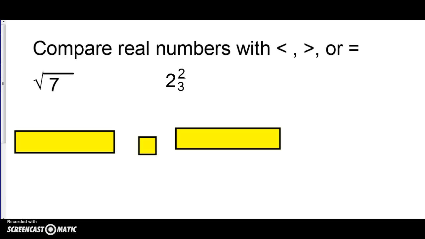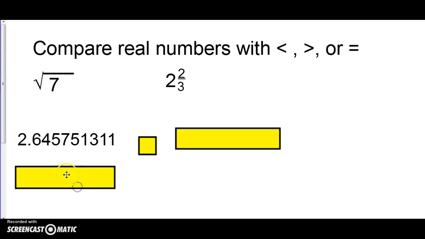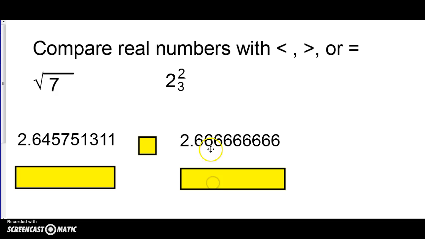All right, your book will also ask you to compare the numbers using less than, greater than, or equal to. Go ahead and find the square root of 7 on your calculator, or you can use the internet, they have square root calculators. When I did it, I found it was a non-repeating decimal that didn't end, a little over 2.5, compared to 2 2/3, which has that repeating 6.